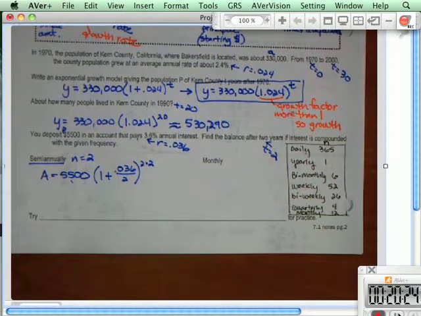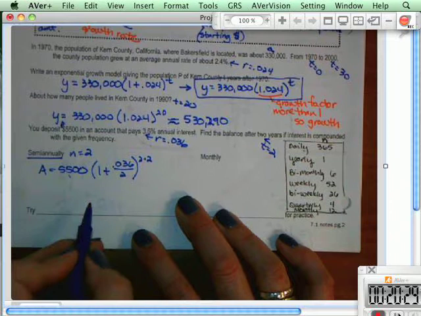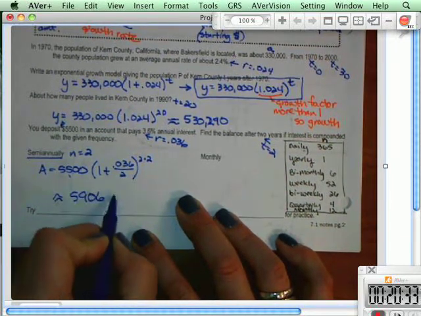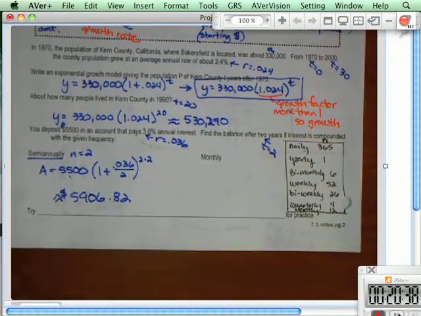How much money am I going to make? So this is going to equal approximately $5,906.82. That is a huge rate of return. Lucky for you if you find something that gives you that much money in a year, in 2 years even.